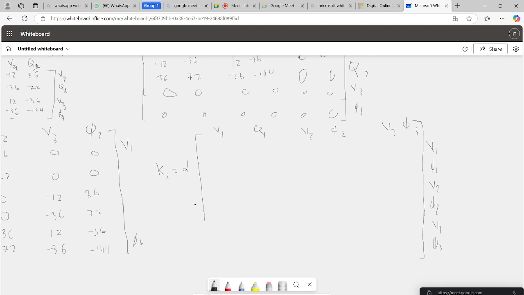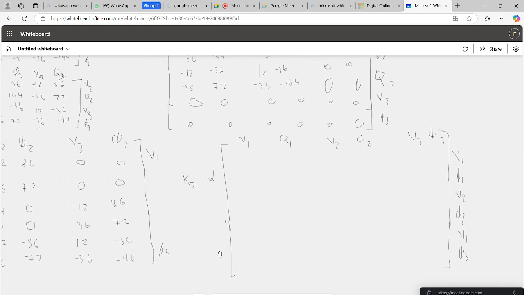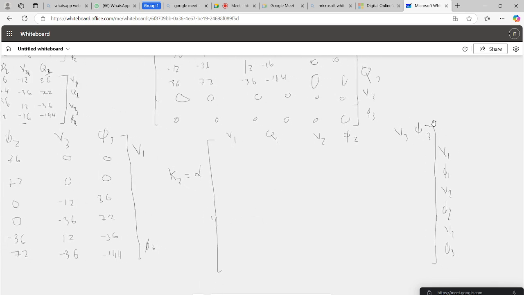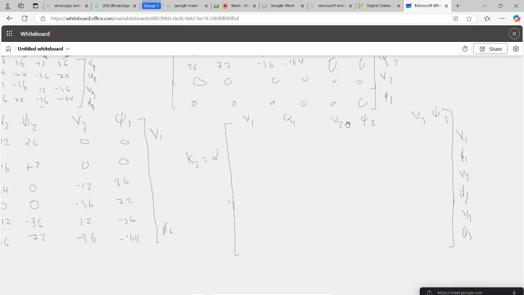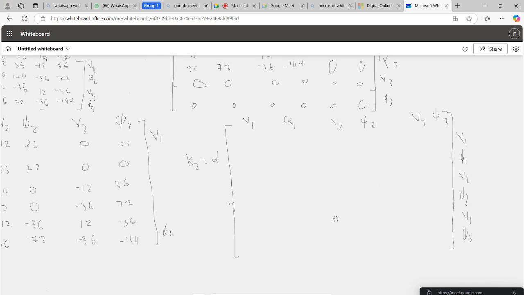Now guys, we fill the guys between V2 and V3. Remember, the matrix 2 is between V2 phi 2 and V3 phi 3. So what you do is you have V2 phi 2, V3 phi 2. You also have V2 phi 2, V3 phi 2. So it's gonna be along this area here.